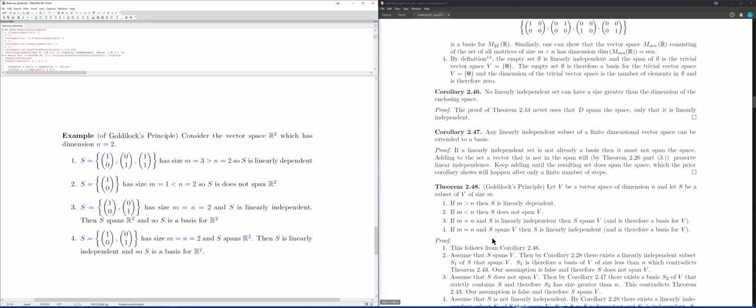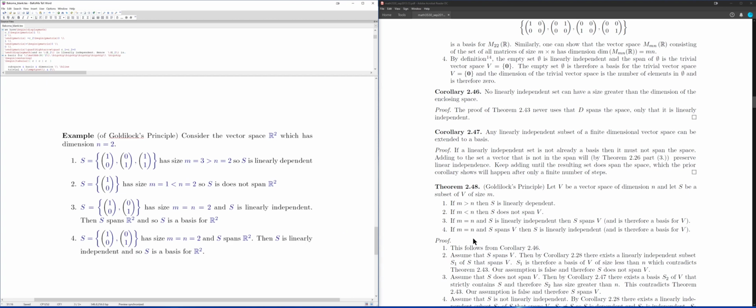Okay, and then your fourth case is similar. What you have again is a subset of size equal to the dimension. If I happen to know beforehand that it spans, then I no longer need to check linear independence, because the linear independence will come for free.